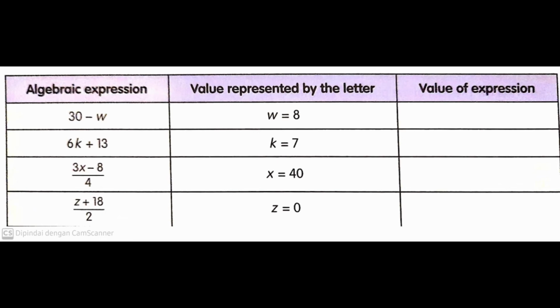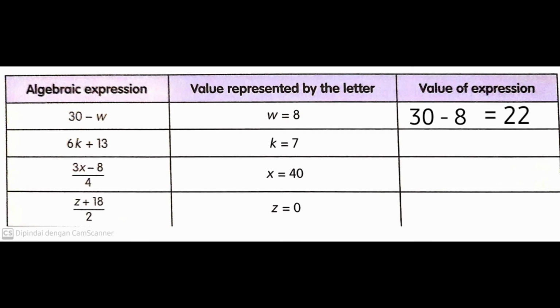We will start from number 1, 30 minus w. If w equals 8, the value of the expression is 30 minus 8. Can you answer these questions? Yes, the answer is 22.